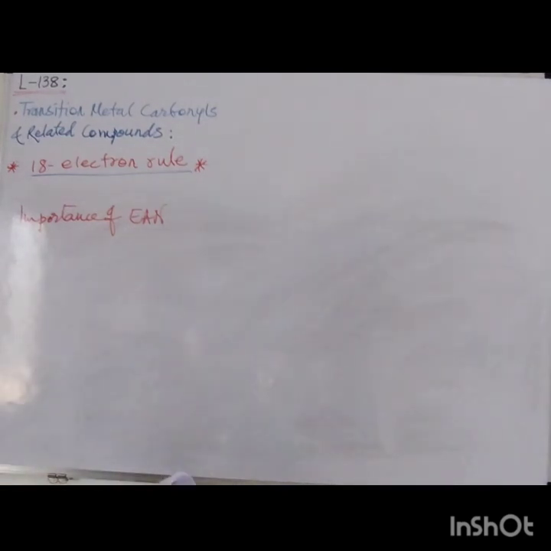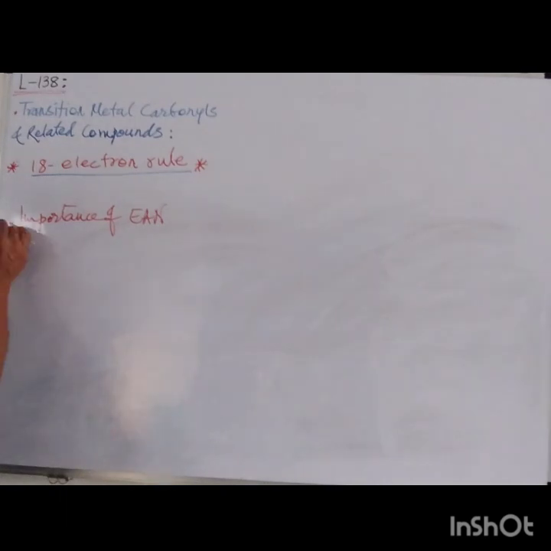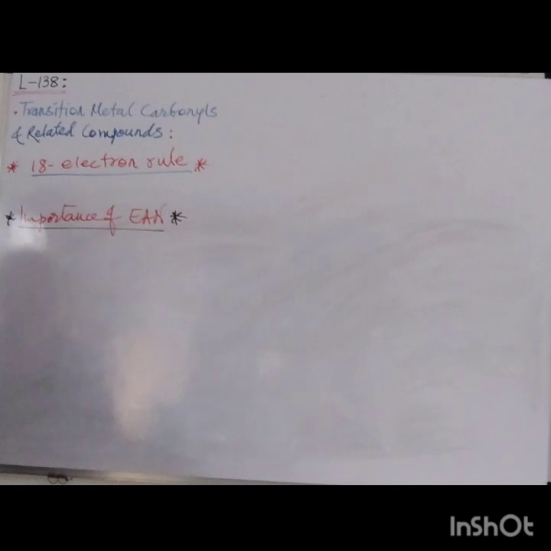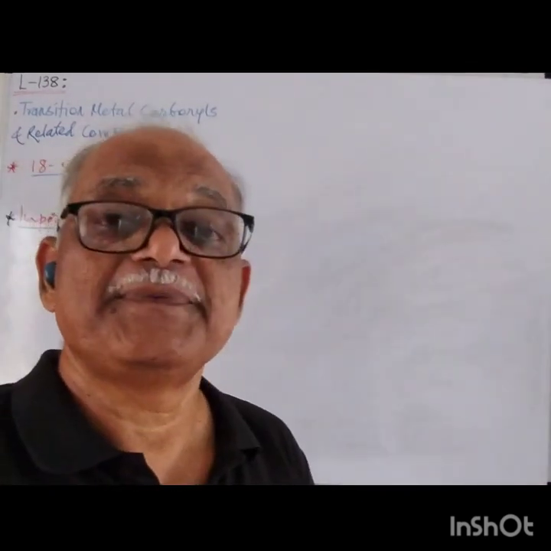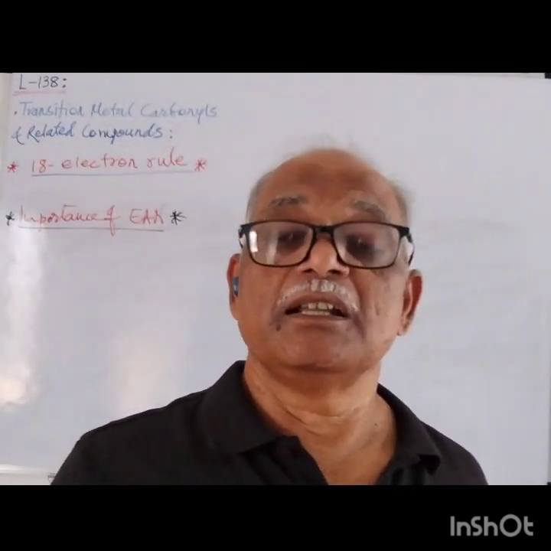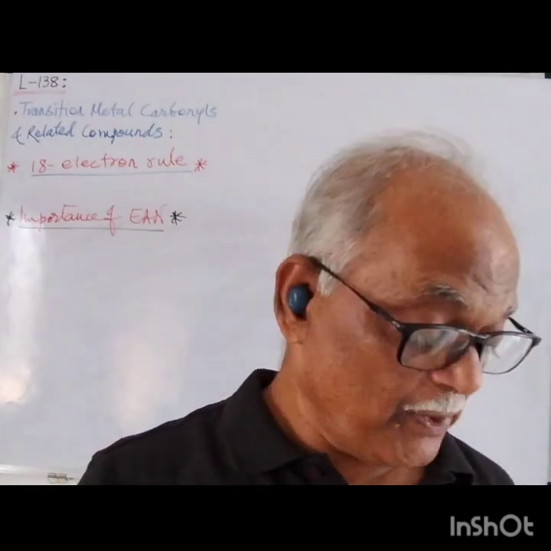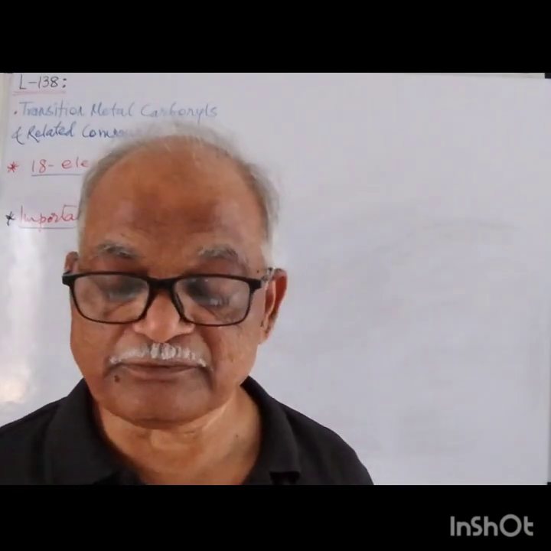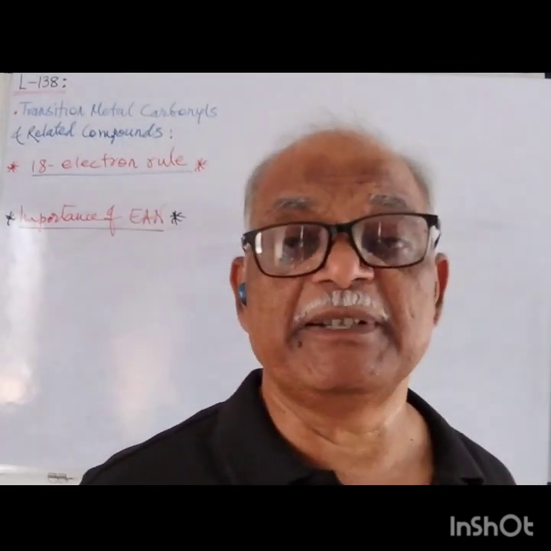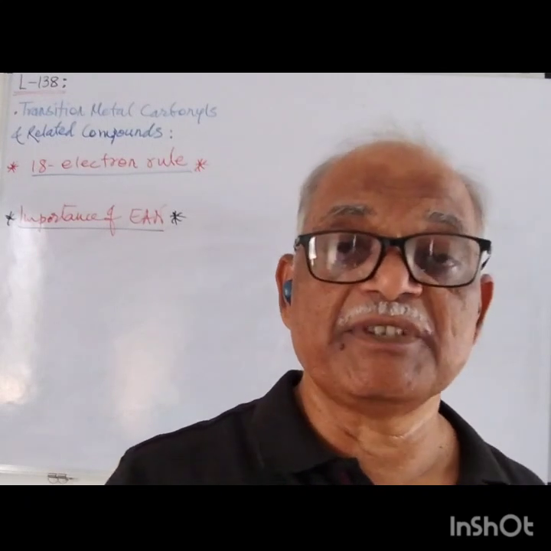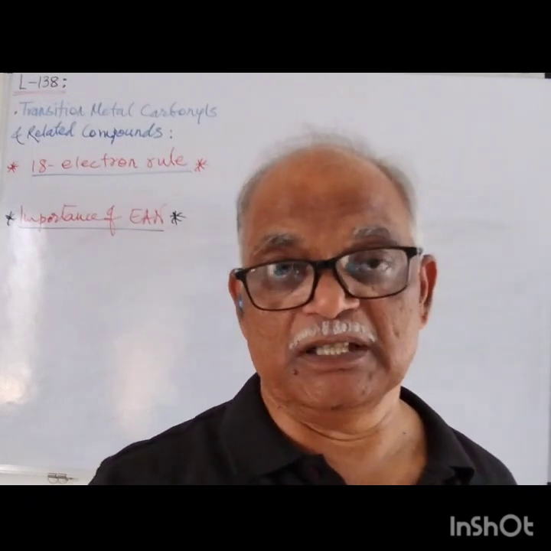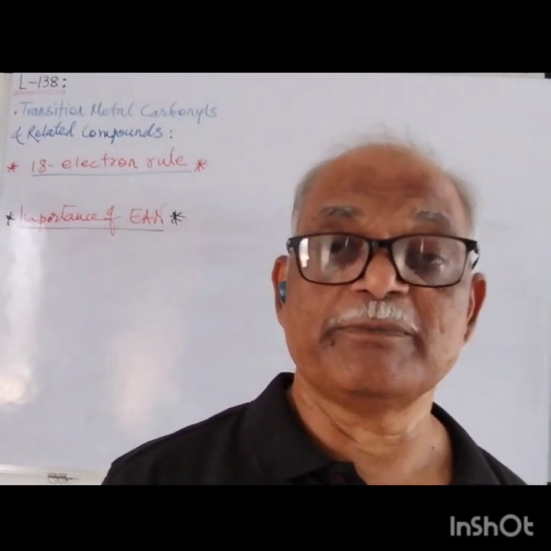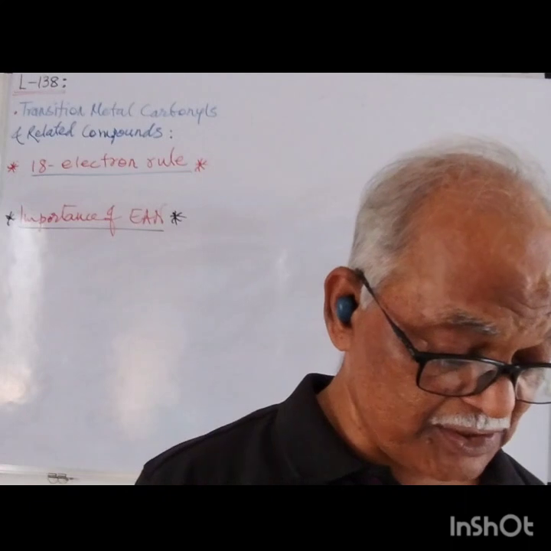We will see a number of such examples one by one. This is why the effective atomic number is important: when the atom is unstable, it tries to attain stability by combining with a suitable number of ligands or other species, and thereby attains the nearest inert gas configuration or next inert gas configuration.